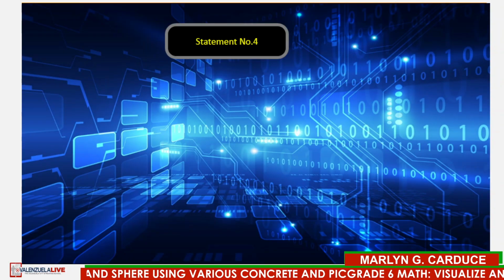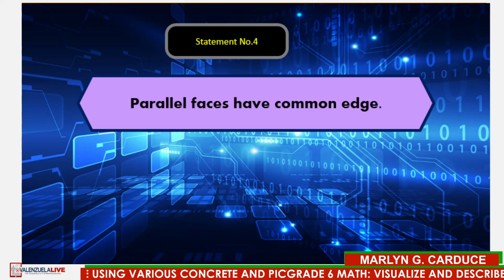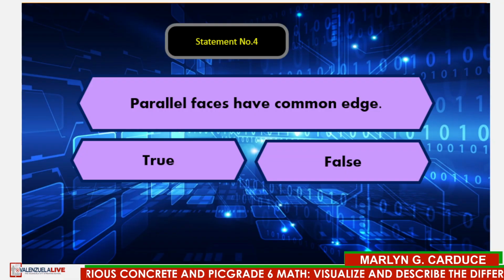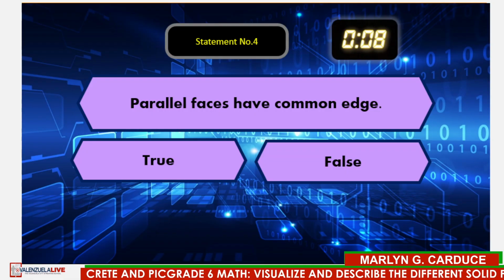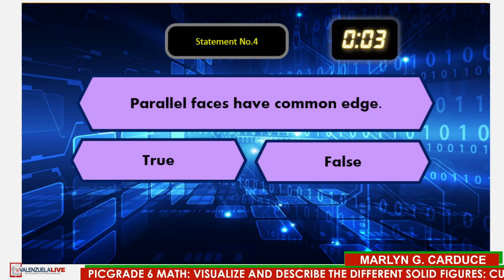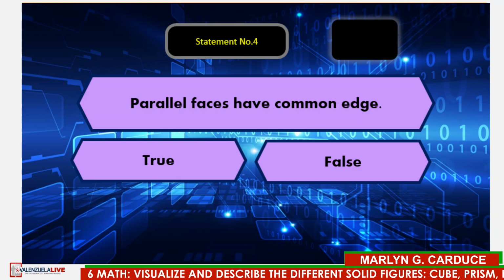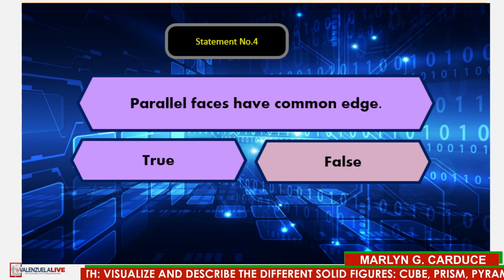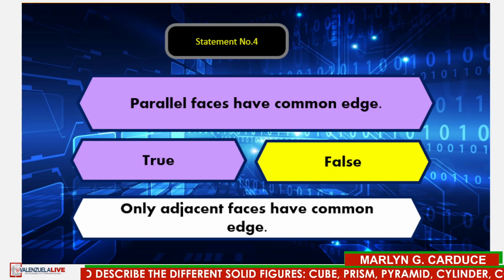For statement number 4, parallel faces have a common edge. Is it true or false? Okay, for statement number 4, that is false. So only adjacent faces have a common edge.